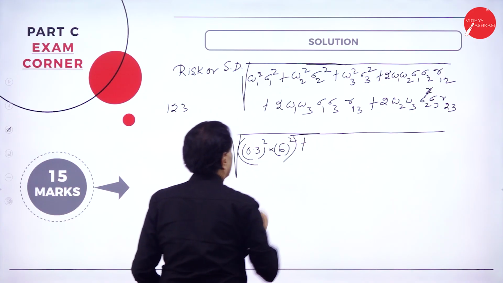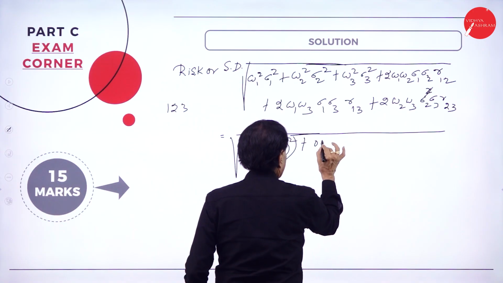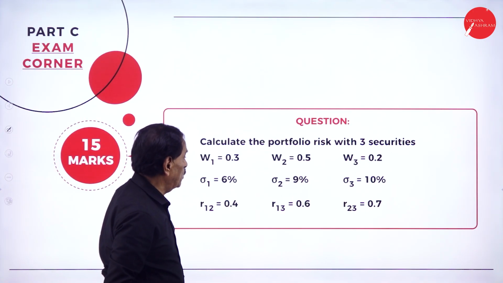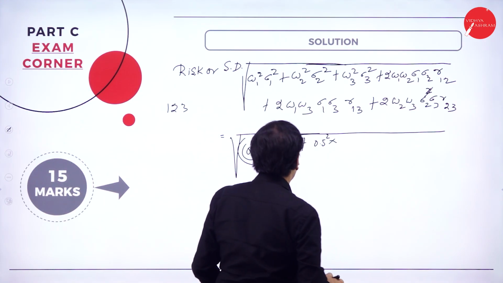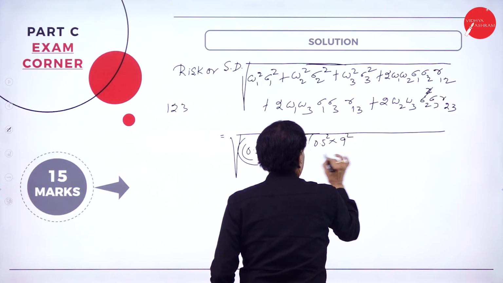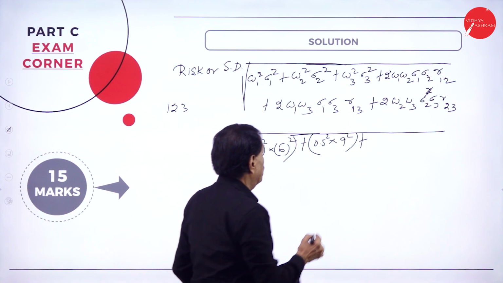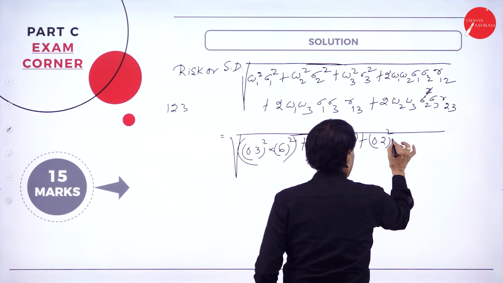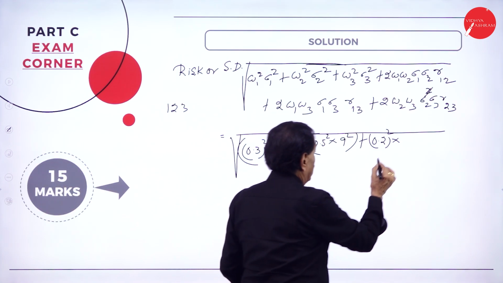Plus W2, 0.5 whole square, into standard deviation 2, which is 9, squared. Plus W3, 0.2 square, into standard deviation 3, 10 square.